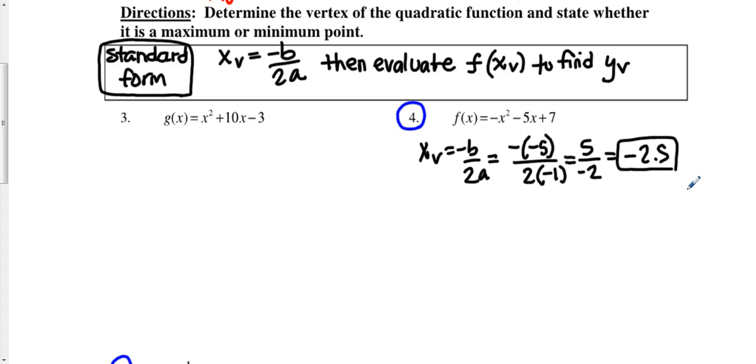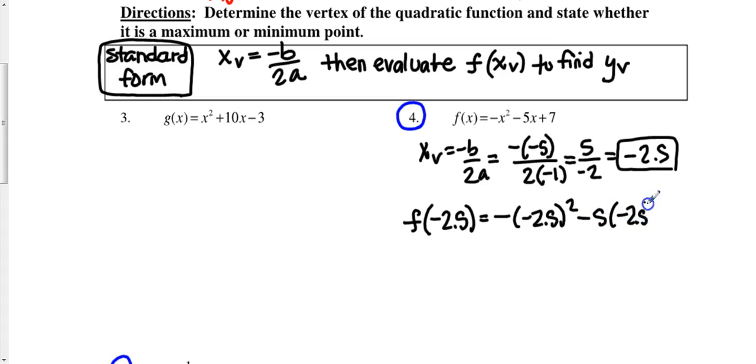So it is definitely possible to get decimal values. If you haven't taken out your calculator yet, you're going to need it, because this is only half of it, right? This is only the x value of the vertex. We also need to find the y value. So to do that, we will evaluate f of negative 2.5. That will be negative, and then in parentheses, negative 2.5 squared minus 5 times negative 2.5 plus 7.